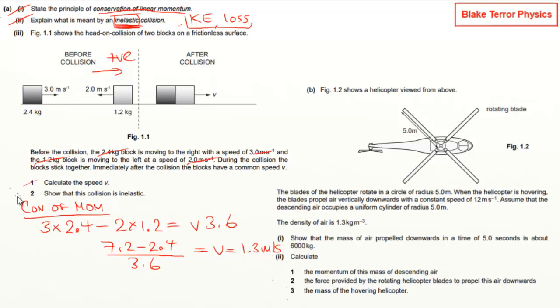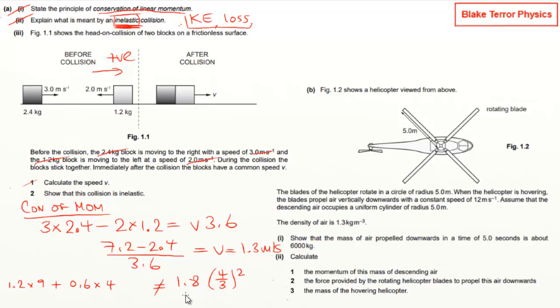Then show that the collision is inelastic. Right, so now we're having to look at our energy and show that they're not the same as each other. So the energy before is going to be a half of 2.4, so 1.2 multiplied by 9, plus 0.6 multiplied by 4. And we need to show that that is not equal to half of the total mass, which is 1.8, times 1 1/3 squared.